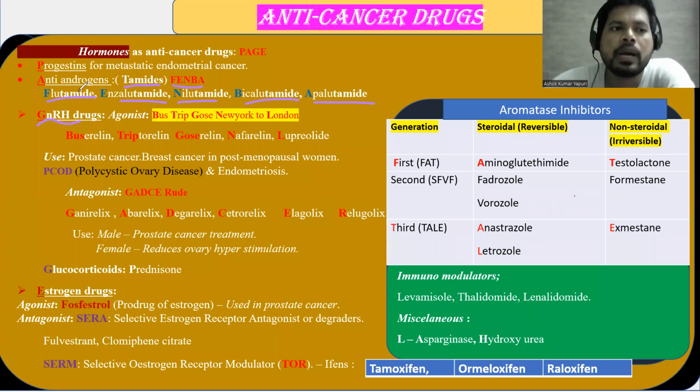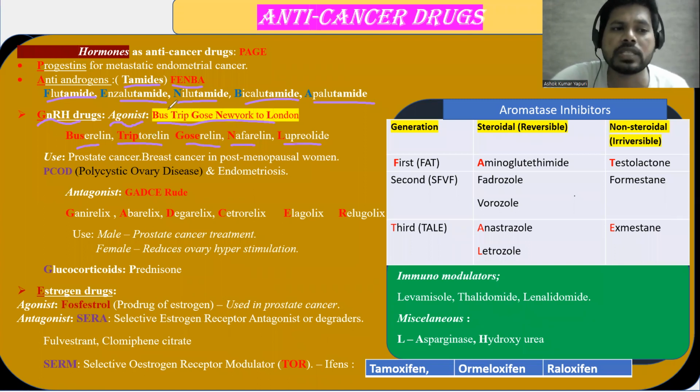And next, GnRH, gonadotropin releasing hormone drugs. These drugs act as agonists at GnRH receptors, with the mnemonic bus trip goes New York to London. Bus, buserelin; trip, triptorelin; goes, goserelin; N, nafarelin; L, leuprolide. All these are agonists at the gonadotropin releasing hormone receptor.